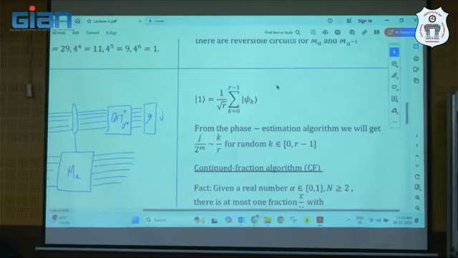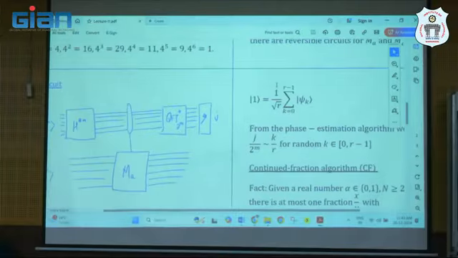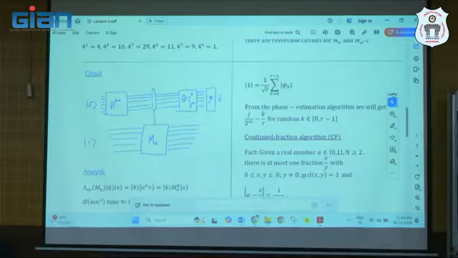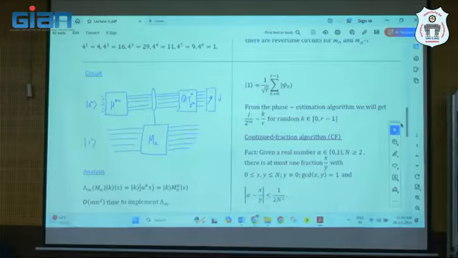Now what happens? Once we are feeding ket 1 here, the effect is that we are randomly feeding a psi k here for random k. This we will do more formally also later on.